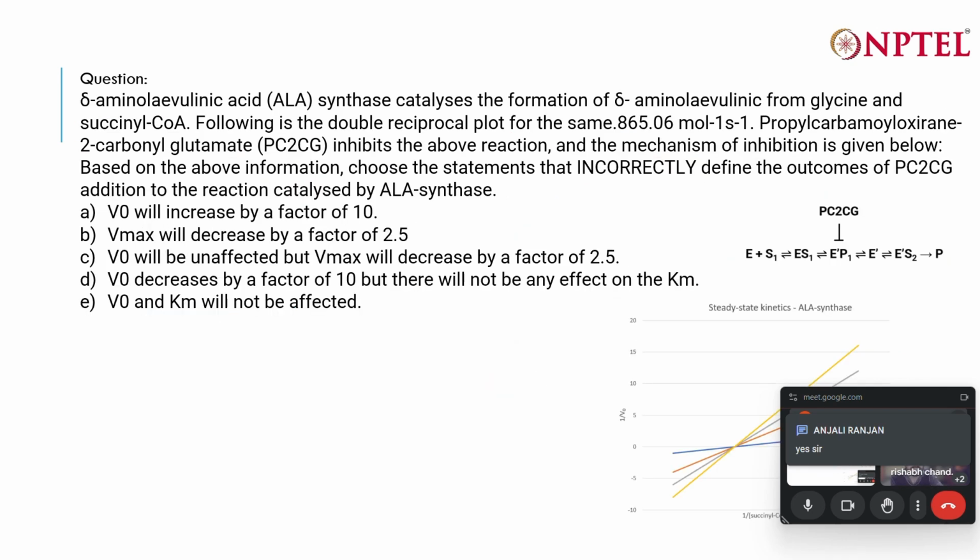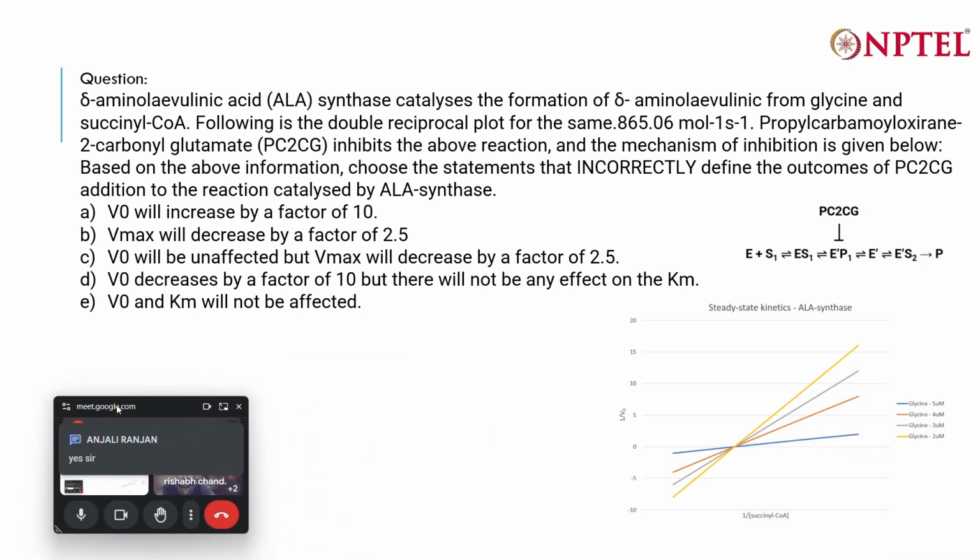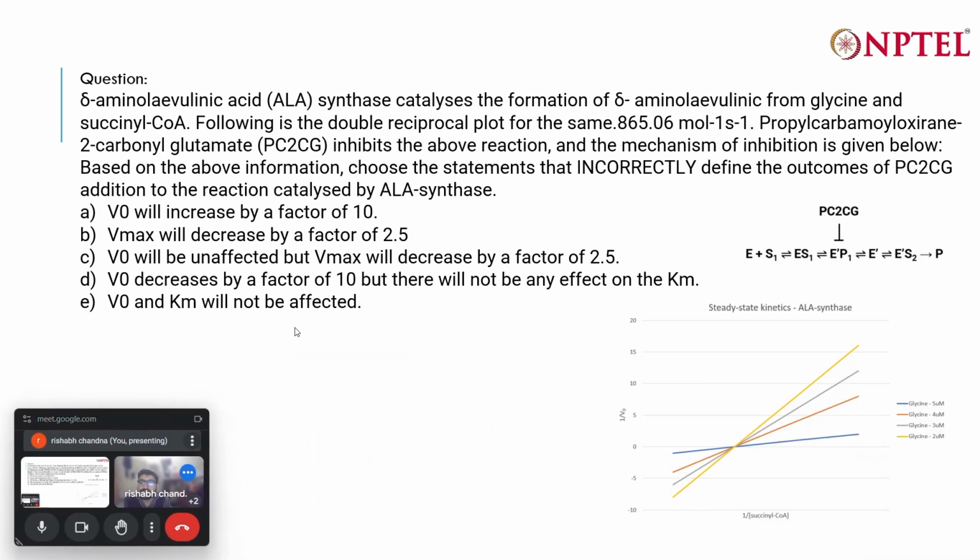So this is the next question. Delta amino levulinic acid synthase catalyzes the formation of delta amino levulinic acid from glycine and succinyl coenzyme A. Following is the double reciprocal plot for the same. Sorry, this number is not needed here.